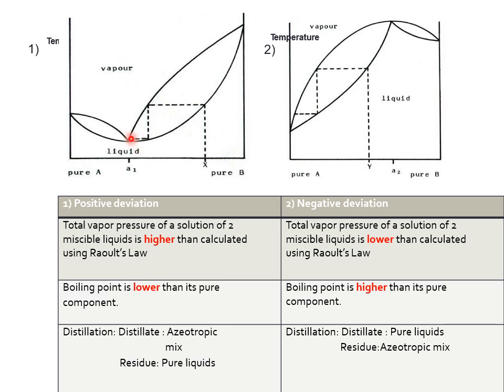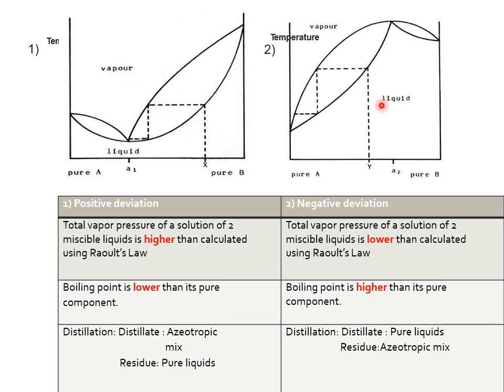But somehow it's much nearer to the azeotropic mixture here. So the one that will be distilled first is the azeotrope, while the residue, which is a pure liquid, will become the residue.